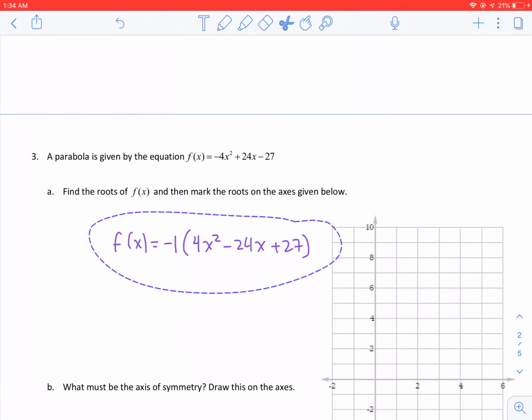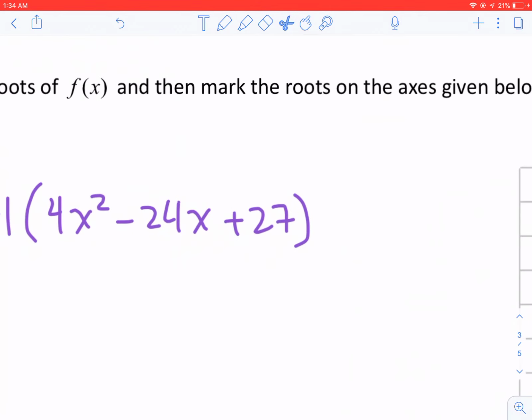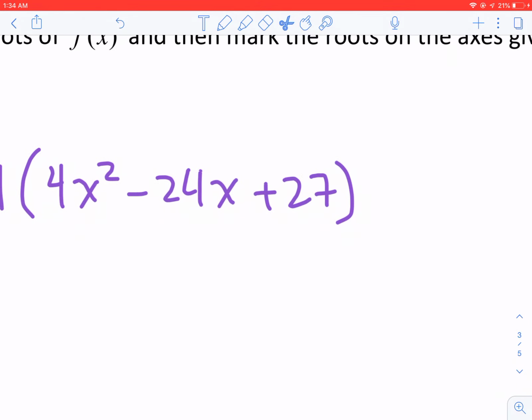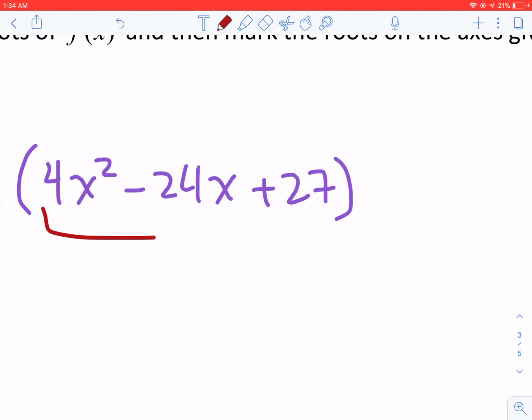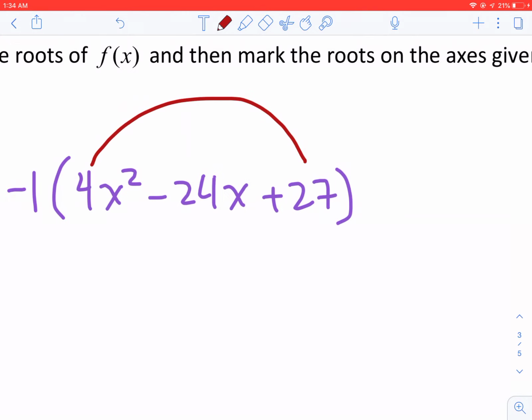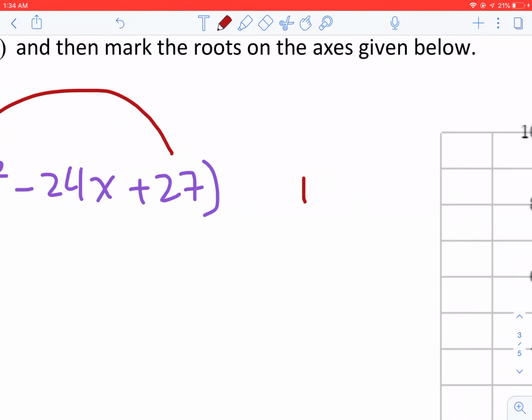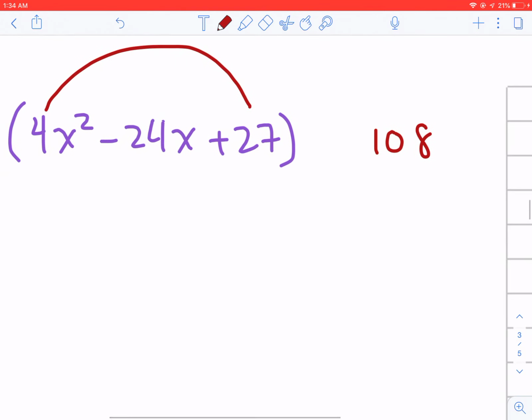Now that that negative is factored out, all I have to worry about is doing the AC method to factor this trinomial. So 4 times 27 is 108. What multiplies to 108 and adds to negative 24?